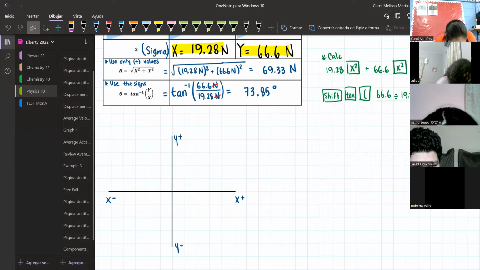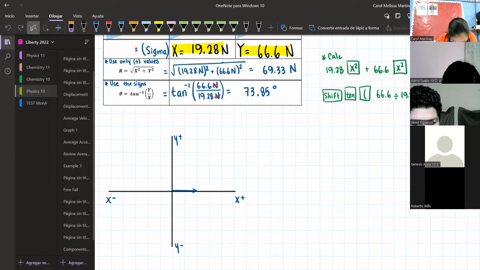Here is going to be your horizontal component. Why? Because the horizontal component is almost 20, okay? Almost 20.